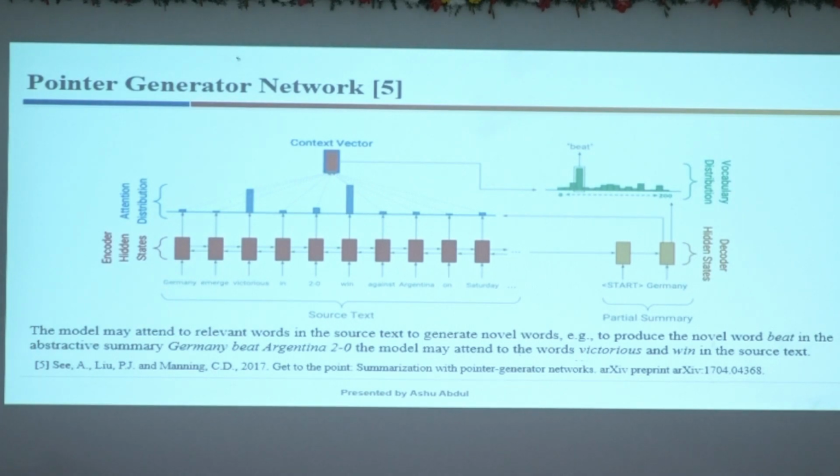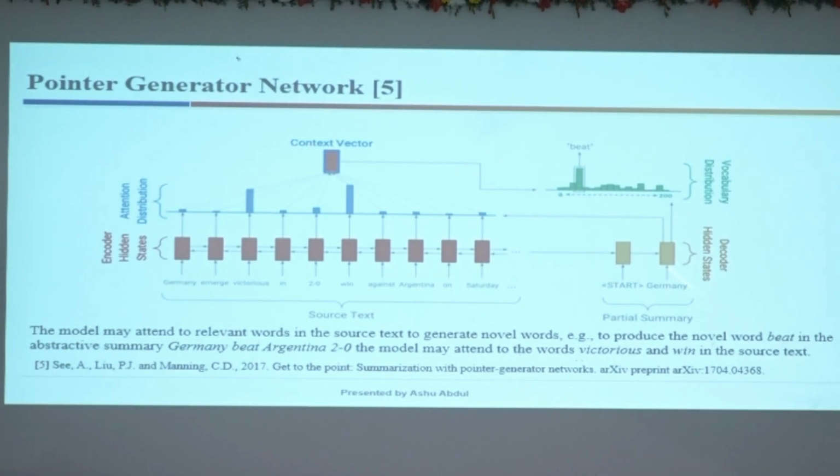In this sentence you have a word, 2-0. Now 2-0 is not a dictionary word, but it has some contextual meaning. Words which have a contextual meaning but are not part of the vocabulary are called out of vocabulary words.